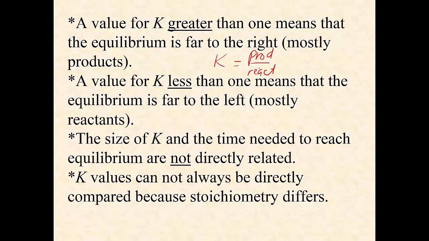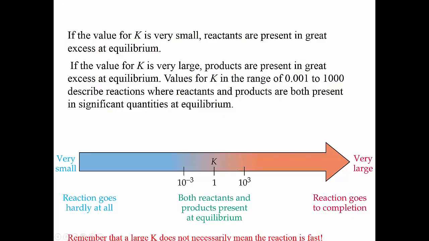Then you're going to have a small number. That must mean your reactants are really big, because when you divide by a large number, you get a small number. So that means reactants are favored. That's the wording: which side is favored. What if you have a K equal to 1? Then products and reactants must be equal. That doesn't happen very often, but it can. K tells me absolutely nothing about speed. This is not kinetics. This is just saying where the reaction lies.